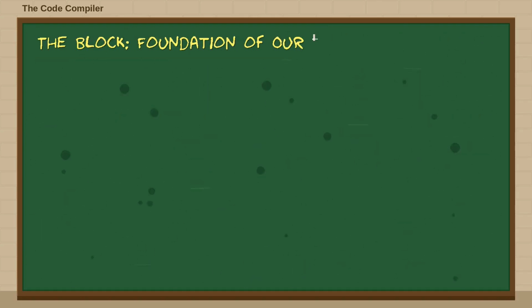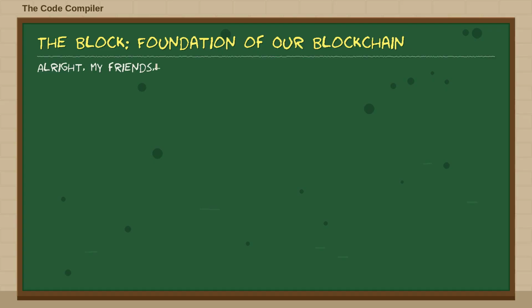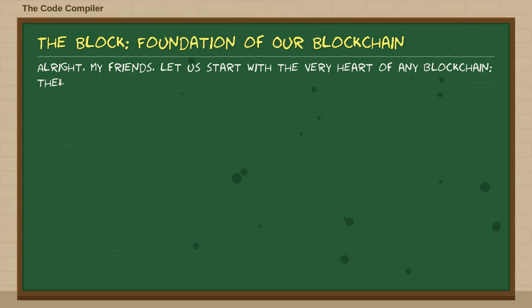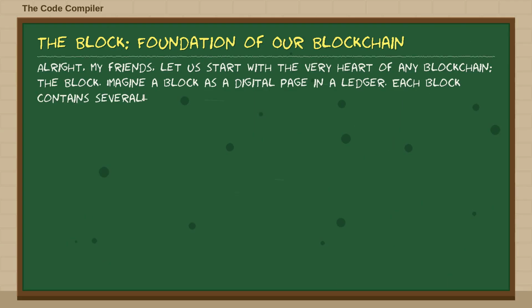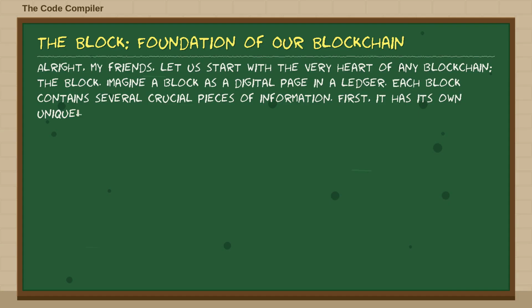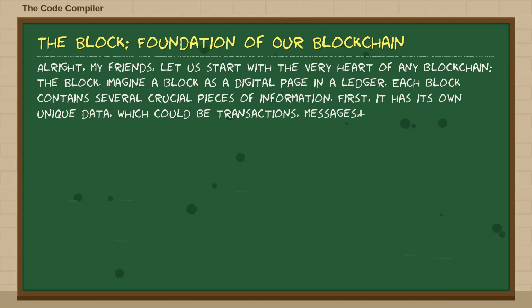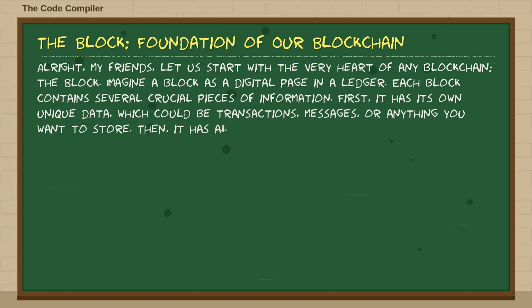Alright, my friends, let us start with the very heart of any blockchain, the block. Imagine a block as a digital page in a ledger. Each block contains several crucial pieces of information. First, it has its own unique data, which could be transactions, messages, or anything you want to store.